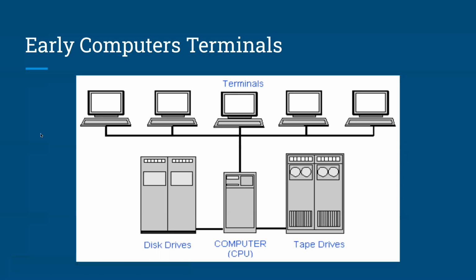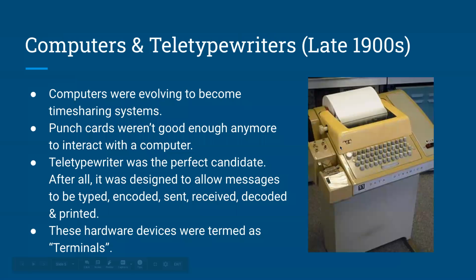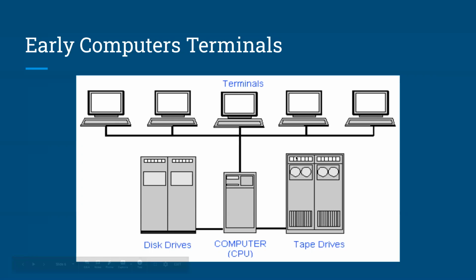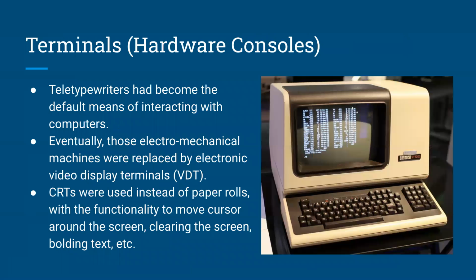So they had these computers in their basements, and wires coming out. Let's say multiple users wanted to use the computer, so each of them was given a terminal. Remember the terminal was like this, and very quickly that changed, and those paper rolls and everything were replaced, and that became hardware consoles.